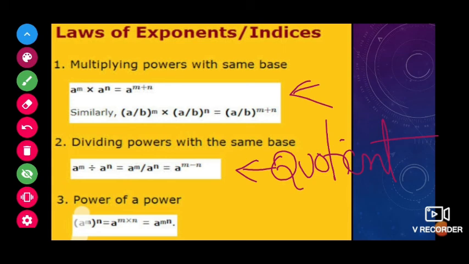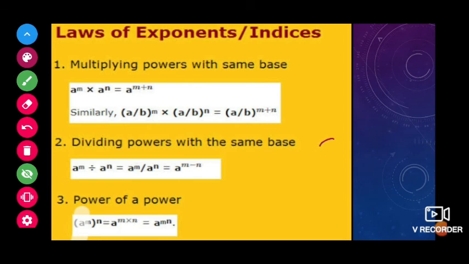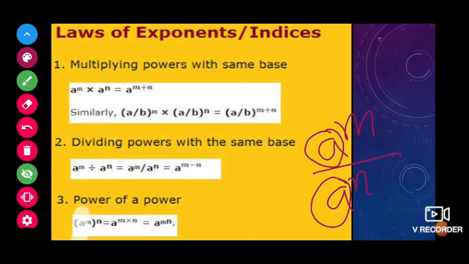This is called the quotient law. We get a quotient when there is a division, isn't it? So in the same way, if two exponents are in a division and have the same base, then we can write it as a to the power m minus n, which means we can subtract the powers. In a product we add the powers, in a division we subtract the powers.